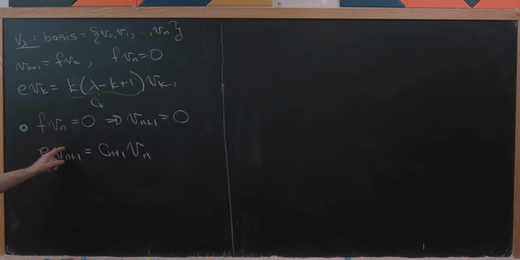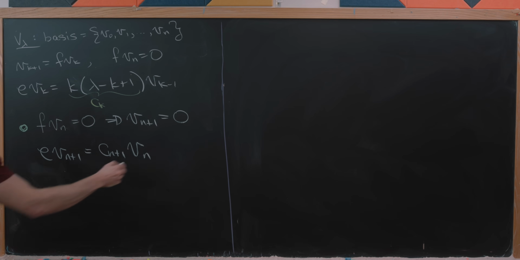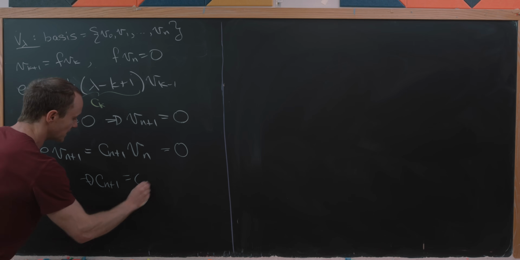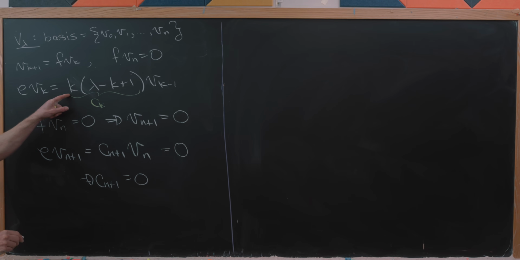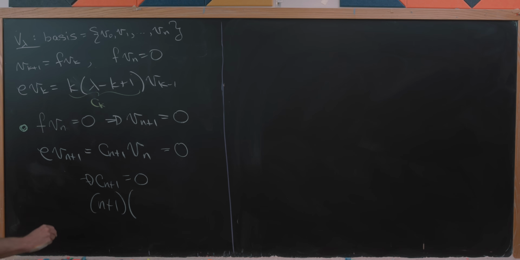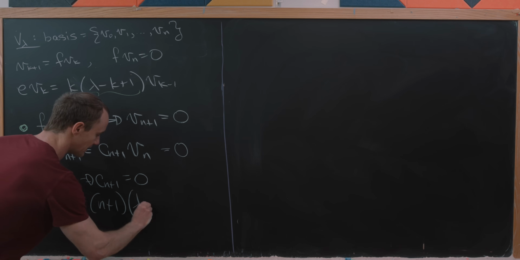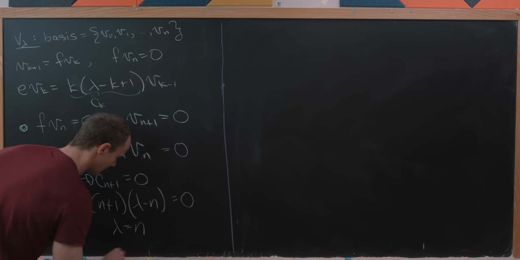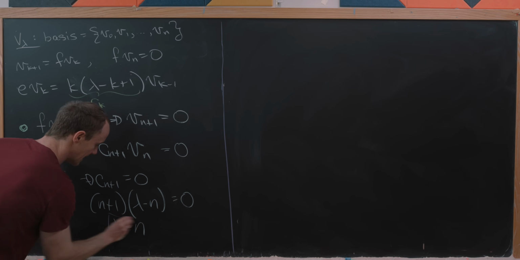But then this v(n+1) vector is the 0 vector, so we need this also to be the 0 vector. But vn is not the 0 vector, which means we need c(n+1) to be equal to 0. But then plugging n plus 1 into here, that's going to give this equation, n plus 1 times lambda minus n has to be equal to 0, which means lambda must be equal to n.